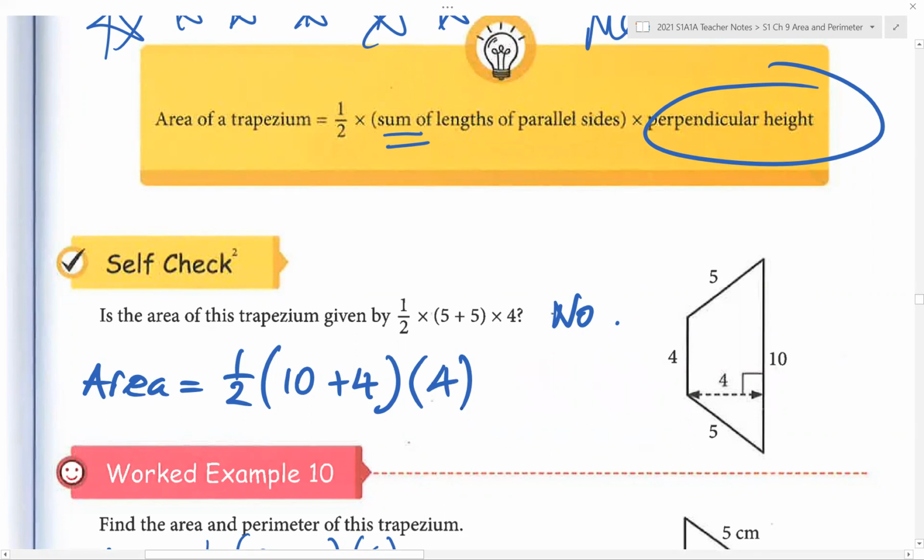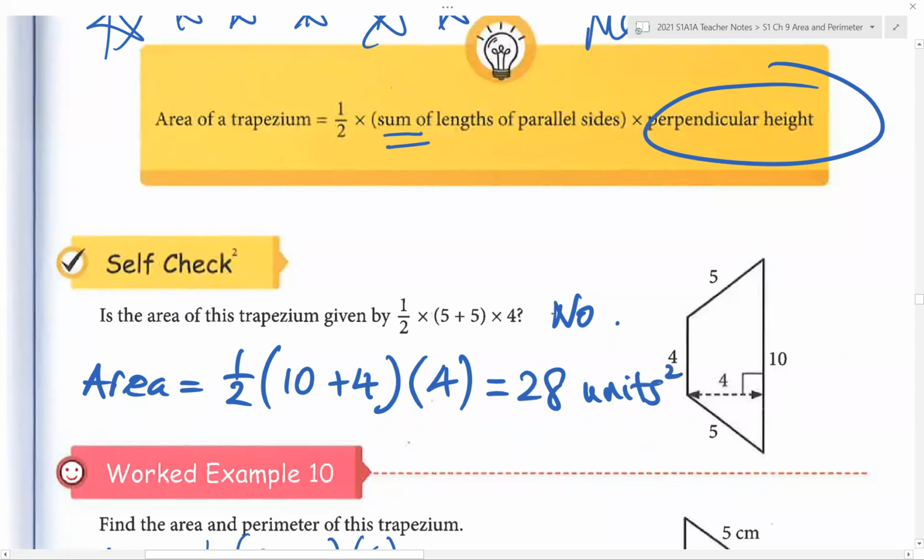Okay, perpendicular. So which is the perpendicular line to your parallel sides? 4. Excellent. And this gives us 14 times 2, 28 square units. Thank you. Sit down.